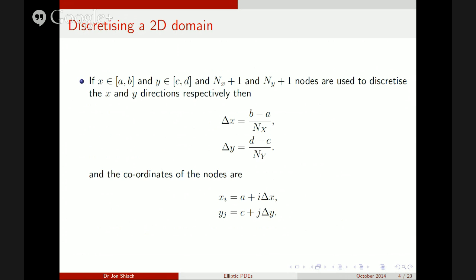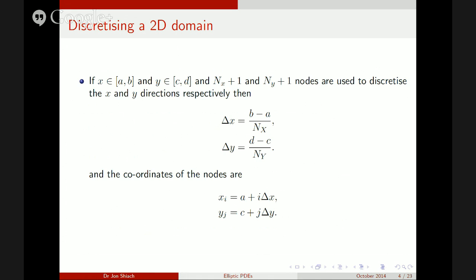Okay, as before, if our X domain is in the range A to B, and our Y domain is in the range C to D, and we have nx plus 1 and ny plus 1 nodes in the X and Y directions, then we can calculate delta X and delta Y like this.